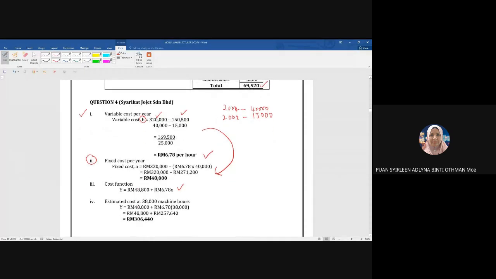So I just ganti saja X tu sebagai 38,000 unit machine hours. So my cost for electricity will be 306,440.